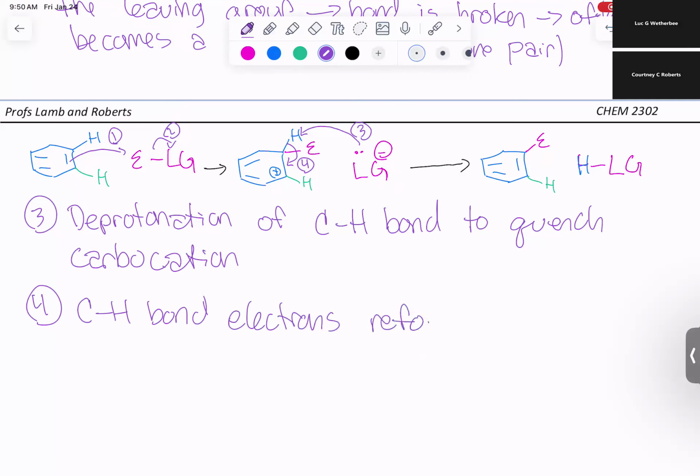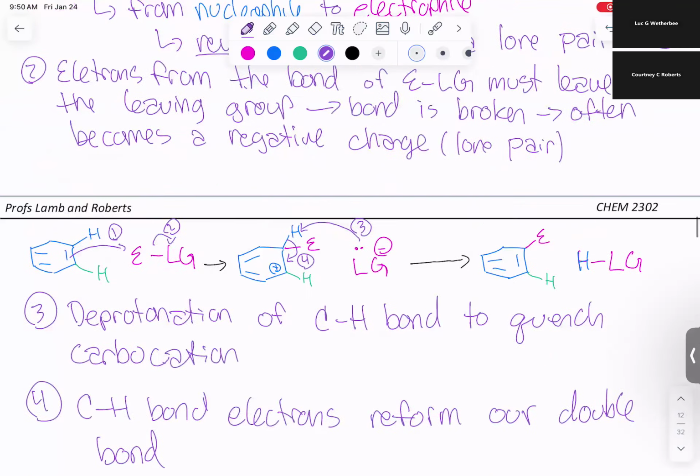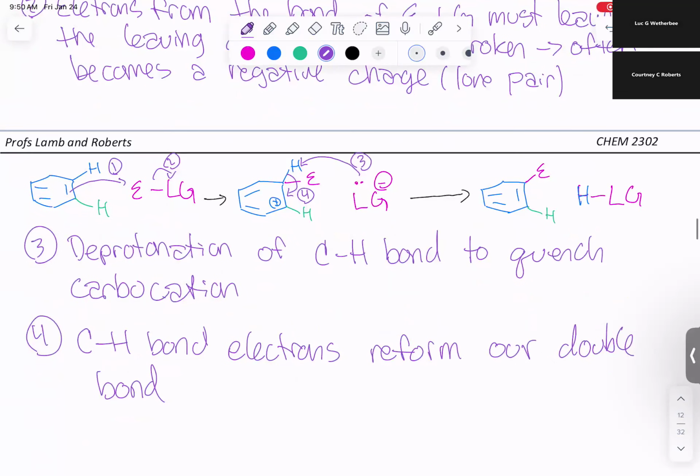We form our double bond. And this is going to be the pattern that you see over and over again. The identity of the leaving group is going to change, so this mechanism is always going to be roughly the same. Electron density attacks from our benzene ring to our electrophile. Leaving group leaves. We quench that carbocation through deprotonation. We're going to see this over and over again.